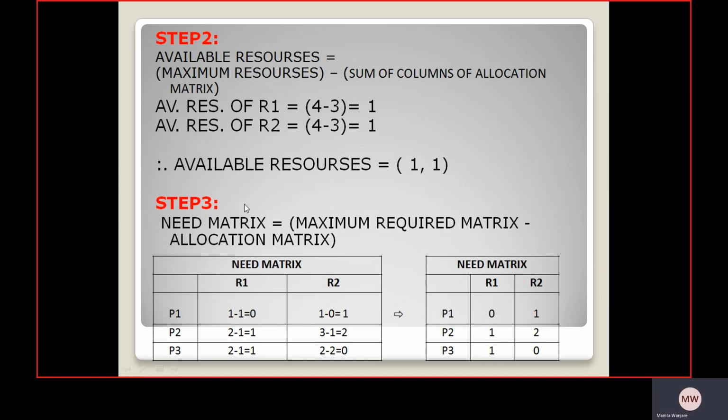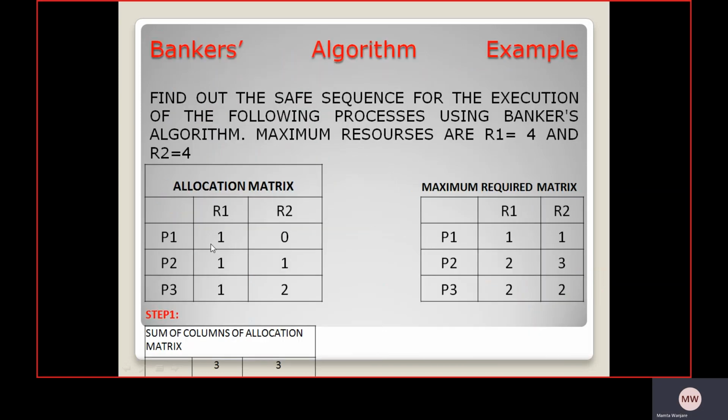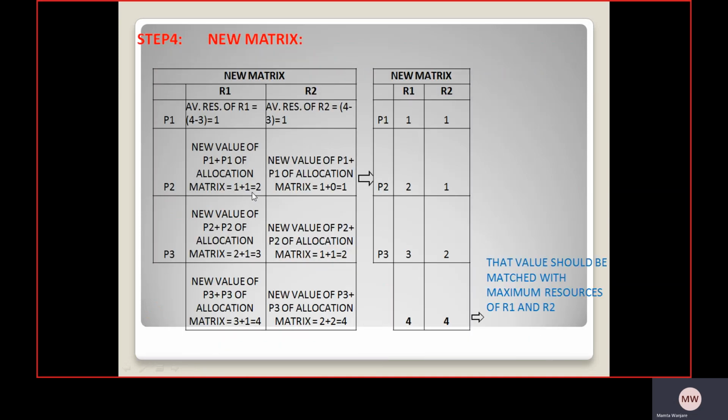P1 of the allocation matrix is again 1. So 1 plus 1 becomes 2, and for R2, the new value of P1 plus P1 of the allocation matrix is 1 plus 0, which is equal to 1. So the P2 value becomes 2 and 1.